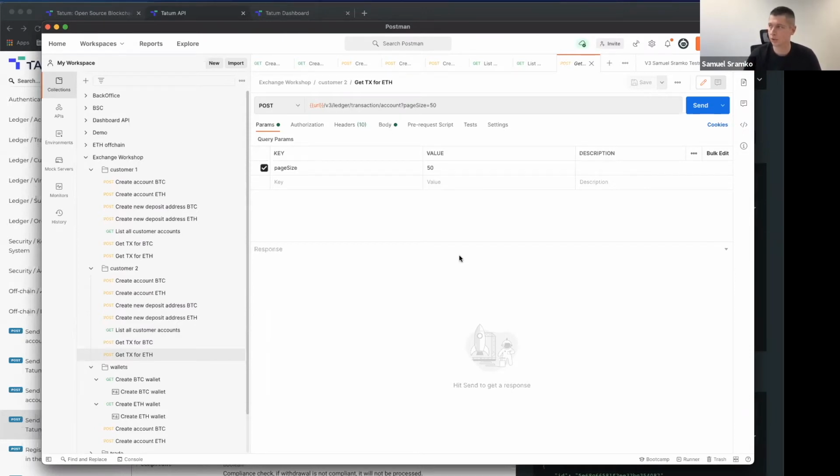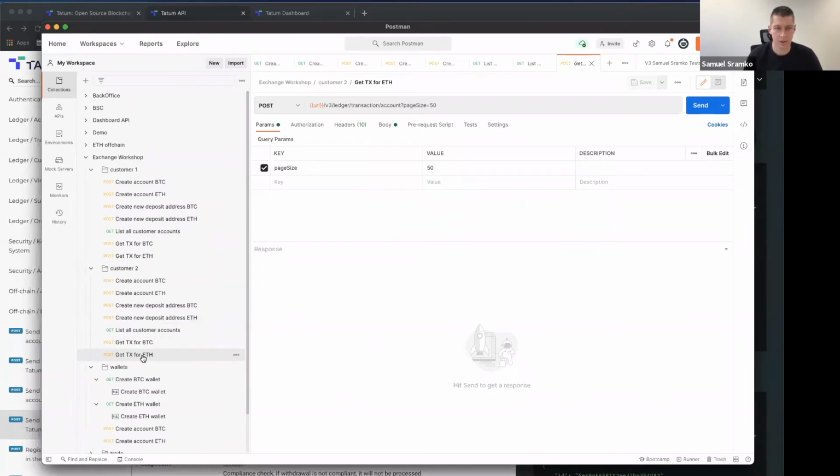It doesn't connect to the blockchain, because when we create the deposit addresses with these API calls, we just hand the nasty stuff from the blockchain over to Tatum, and Tatum automatically does all the things, which means it automatically records the transactions that happened on those addresses. So we can now see the balance.